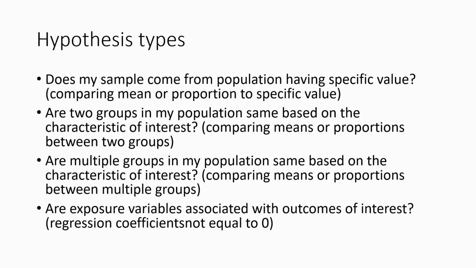Are two groups in my population the same based on the characteristic of interest? So you might be looking at gender differences, and your testable metric could be the average BMI levels, average blood pressure levels between the two, or the proportion of males with blood pressure control versus the proportion of females with blood pressure control.